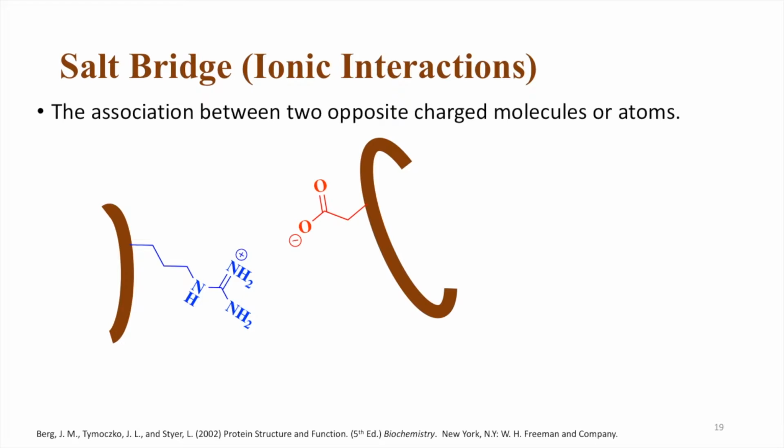The association of two ionic charged amino acid groups of opposite charges is known as a salt bridge, or ionic interaction. For this interaction to take place, the side chain of the charged group of atoms has to be within 3.5 angstroms of each other, just like the hydrogen bonds, and at least one side chain of aspartate or glutamate carboxyl oxygen, and a side chain nitrogen atom from lysine, arginine, or histidine needs to be present.